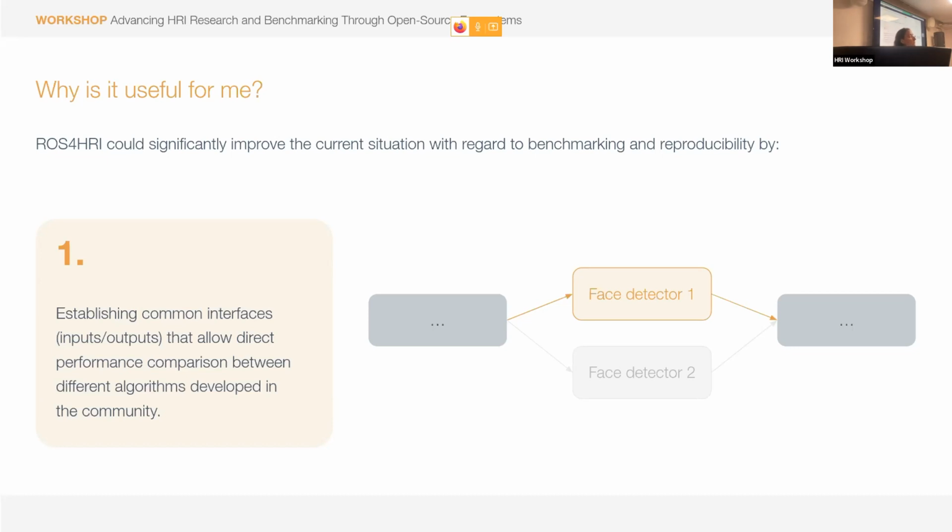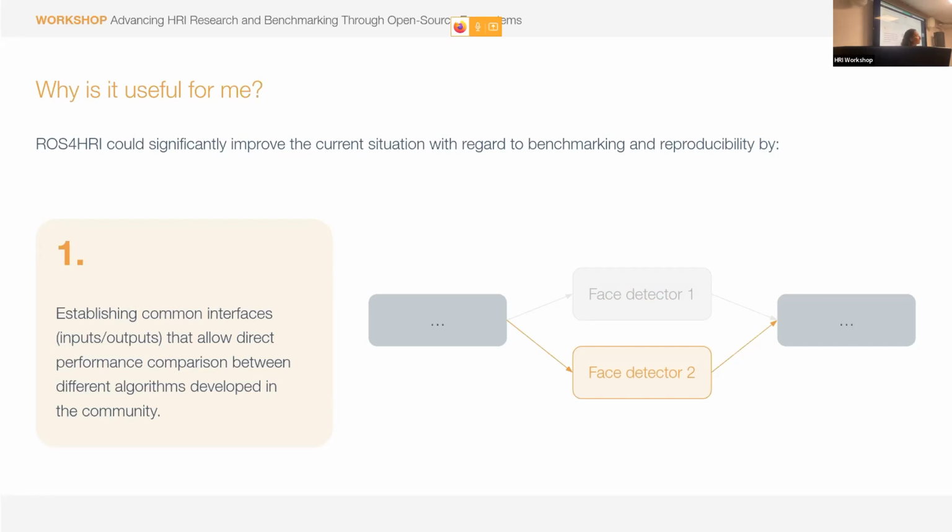For me, the question was, why is it useful to use ROS for HRI? There are two main things when I'm building my prototypes and my systems. First, I want a way of testing different models. For instance, I have face detector 1 and face detector 2, and I just want to see whether one is better than the other. What ROS for HRI allows is that I don't really have to care about the whole system or how it's done internally.